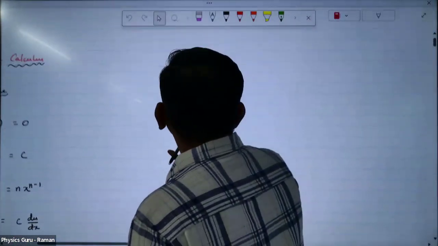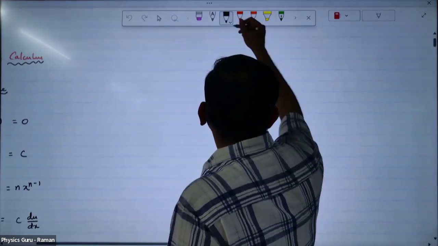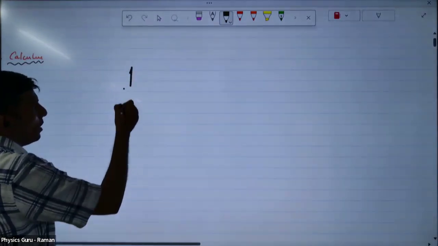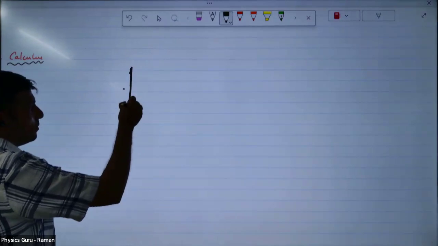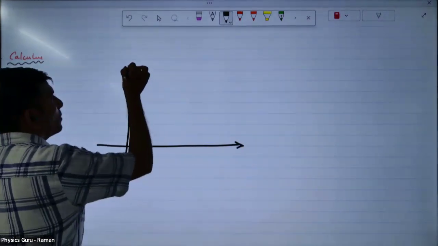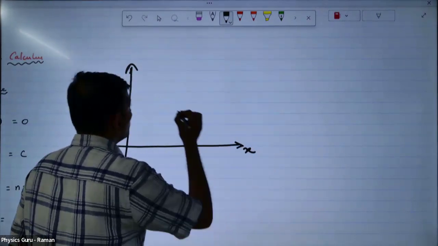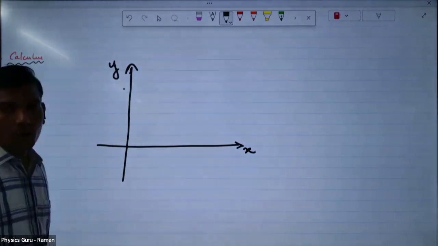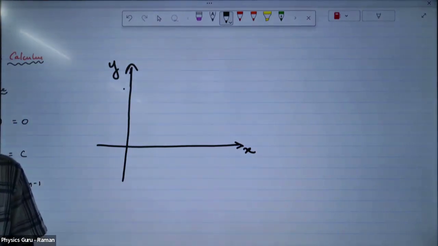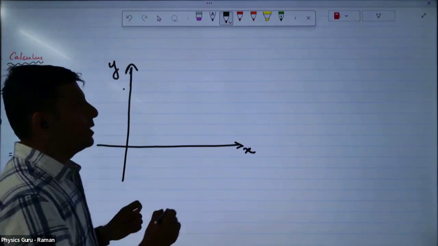So here we go. Let's talk about the graph. It's a graph with X and Y coordinates. I'm going to write an equation.